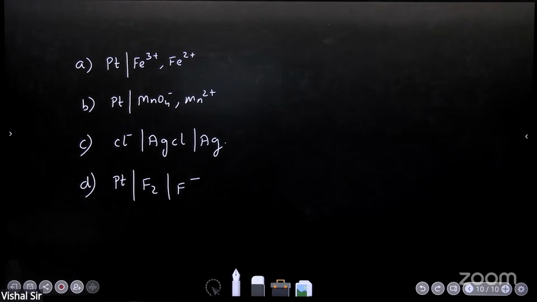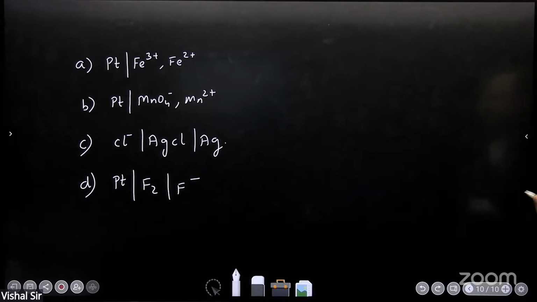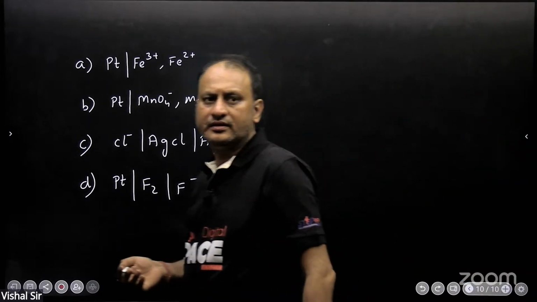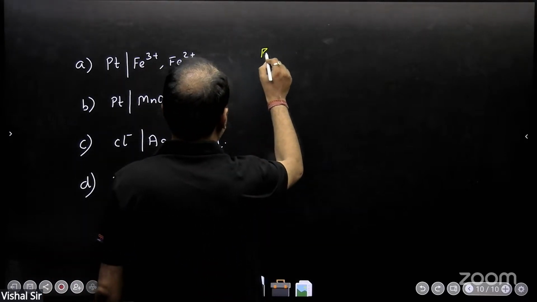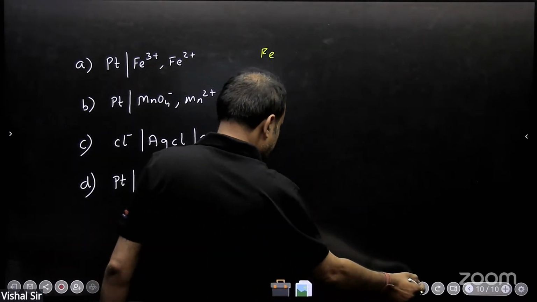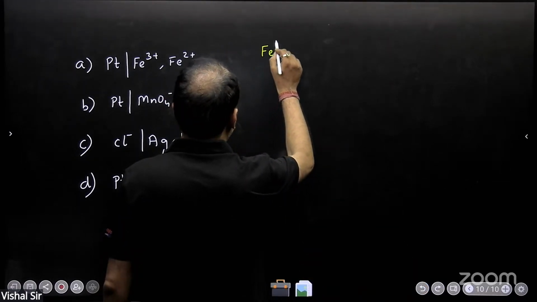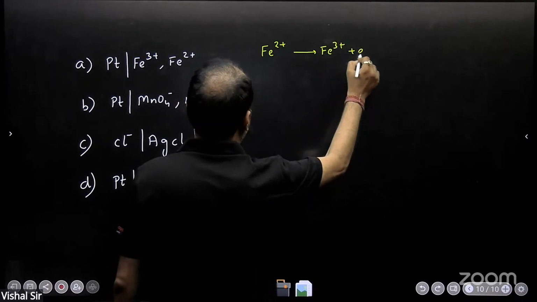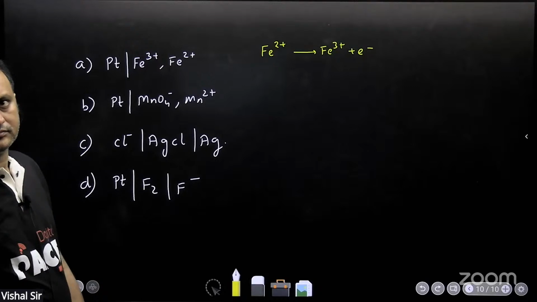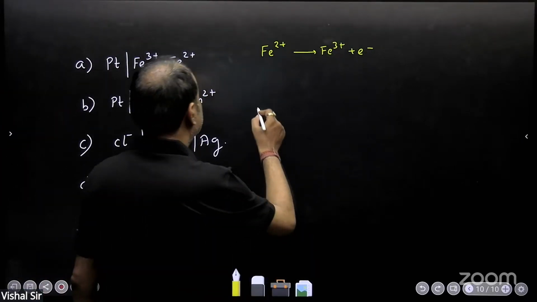Whichever has H plus in its balanced reaction. So now let's write the balanced reactions. For this, what will be the balanced reaction? In oxidation form, platinum is written on left. So Fe2 plus goes to Fe3 plus plus electron. This in oxidation form. Just now we have written this reaction.